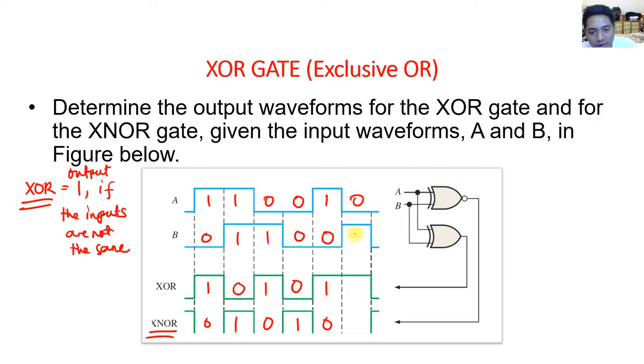You have 0 and 1 here, so XOR is 1 again, they are not the same, so the output is high. If you XNOR, that would be 0. So that is simply the relationship between the XOR and the XNOR. Again, for XOR, if the inputs are not the same, then the output will be high, and the negation of that will be the XNOR.